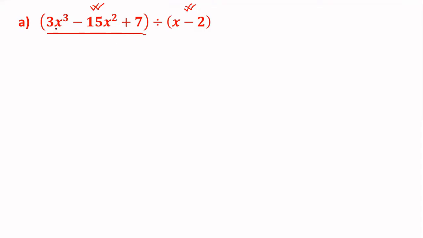That means this dividend polynomial is of degree 3, so the x cubed term is there, and x squared is there, and the constant term is there. But the x containing term is missing there. What I mean is, x cube term is there, x square is there, but x is missing. That is, the power 1 term, x, is missing there.